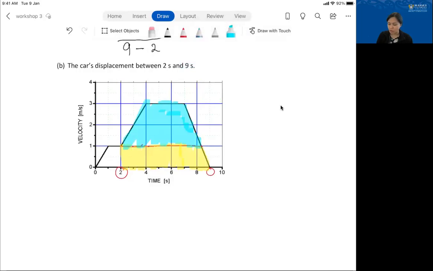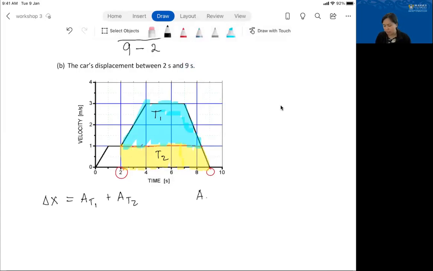So you have 2 trapezoids whose area you need to solve. Let's say that's trapezoid 1 and that's trapezoid 2. So this displacement over that time interval, 2 seconds to 9 seconds, will be the area of trapezoid 1 plus the area of trapezoid 2.